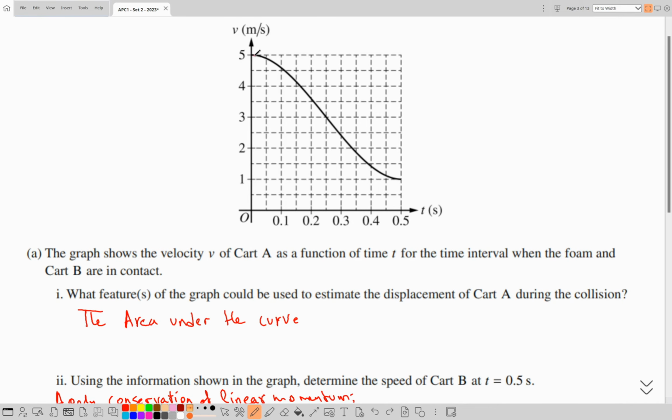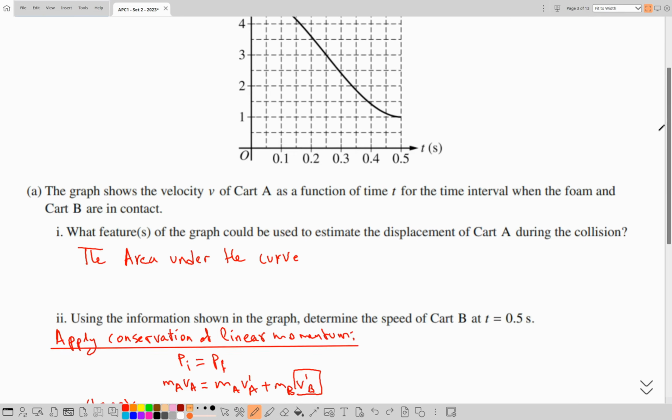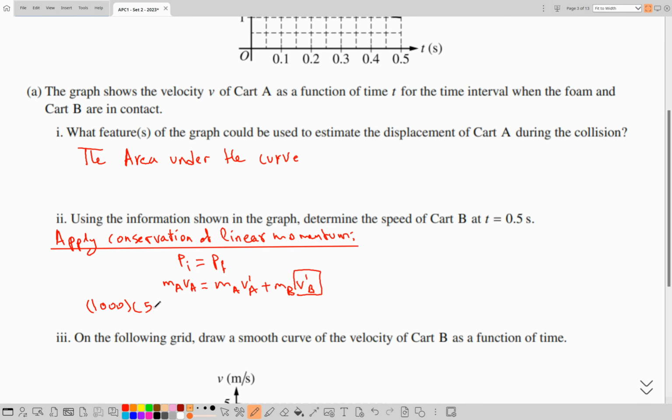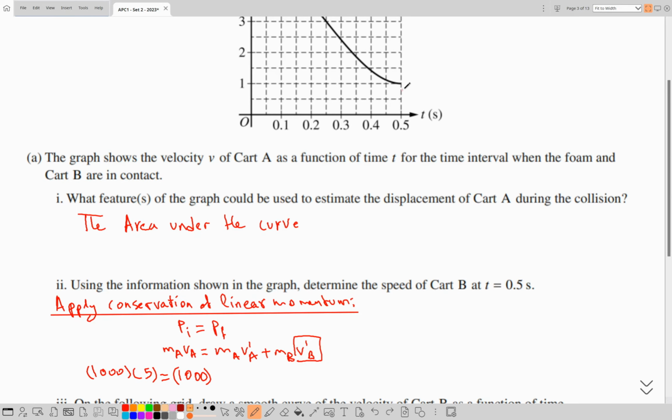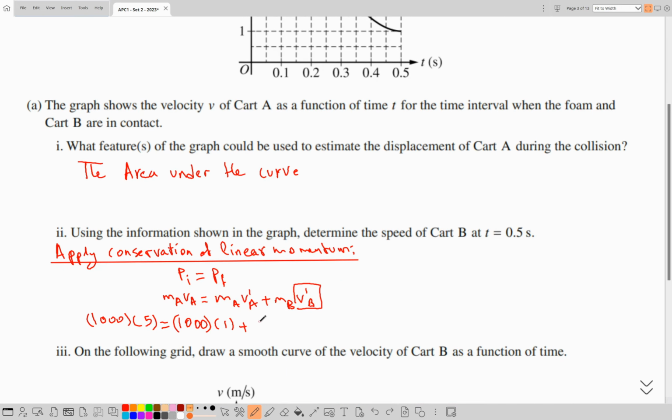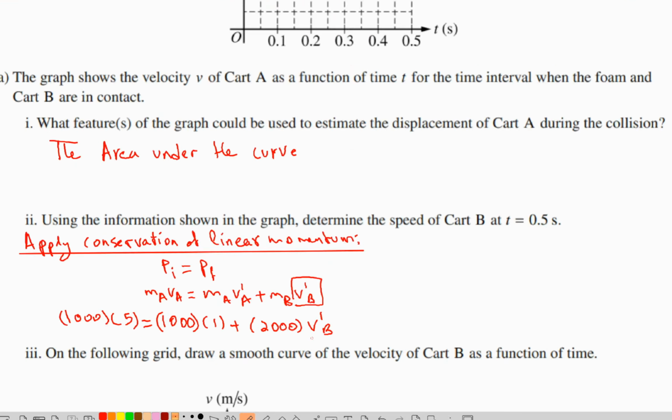Before collision it's given by 5, so here at t equals 0 seconds, they didn't collide yet, which is also equal to 1000 multiplied by v'_A, which is the velocity of A after collision, which is given by 1, plus the inertia of cart B, which is 2000, multiplied by v'_B, and we're interested in determining v'_B.